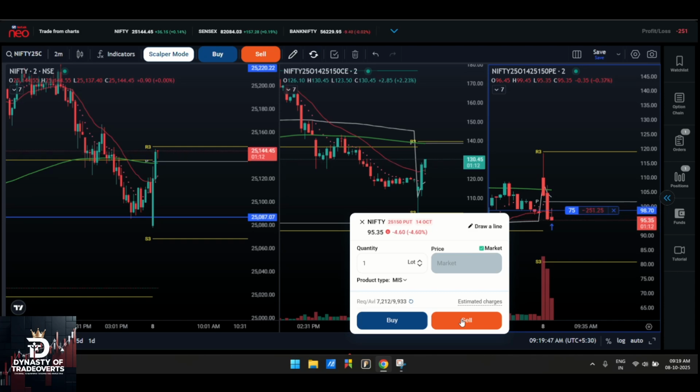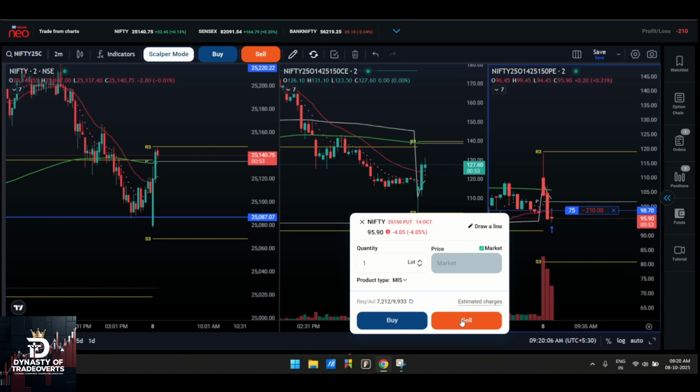Currently the price is hitting R3 in Nifty, but the put prices are falling and there's a good spike in call options, which I failed to notice.